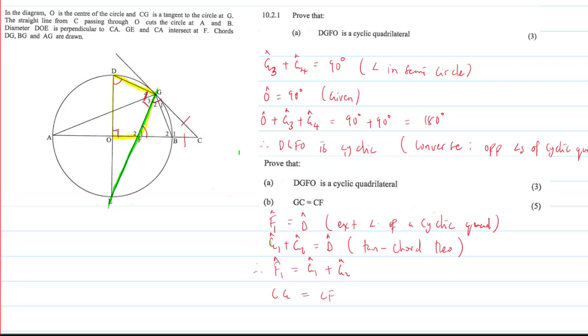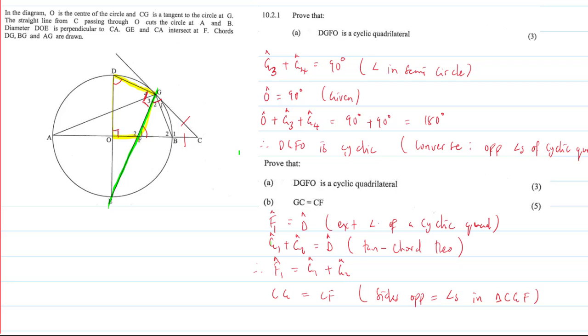That's what we are required to prove. And so I'm saying this because these are sides opposite equal angles in triangle CGF. I'm naming the triangle here just to make it easy for the examiner to follow my argument. So those two are going to be equal to each other.